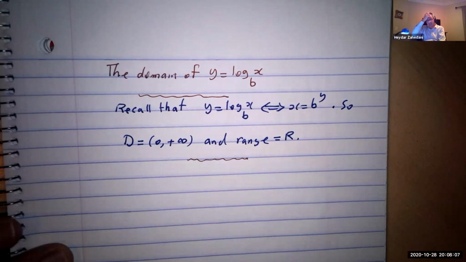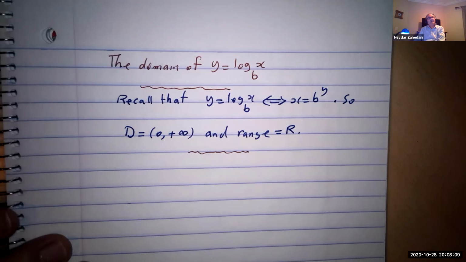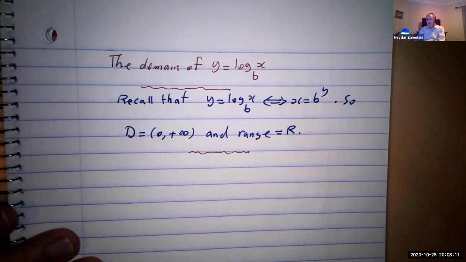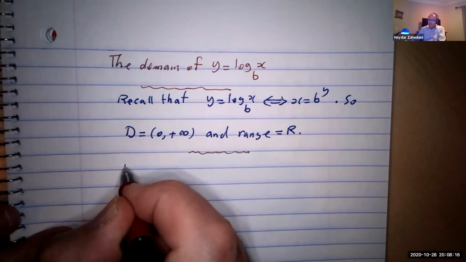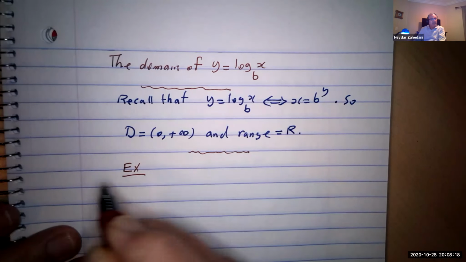It doesn't matter which type of log you are going to use, the domain would be the same. So this is the type of question that you get because we need it for calculus.